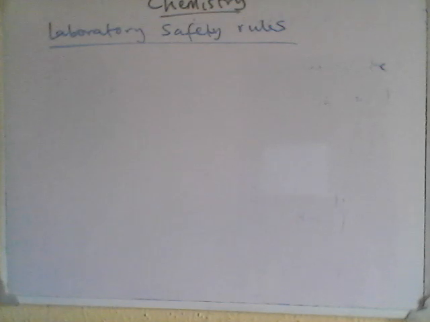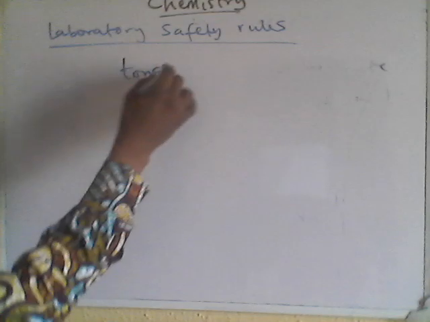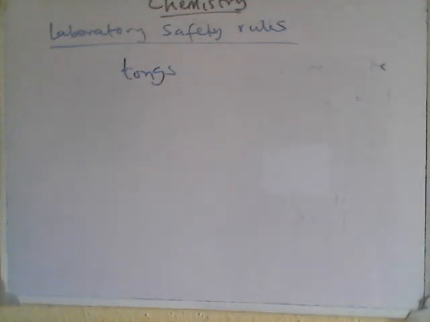Another safety rule is to use tongs or gloves for hot equipment. This is the spelling of tongs. We have discussed it in the apparatus for laboratory. Use it to hold hot objects. Don't use your hand. Another safety rule is to read labels on reagent bottles carefully.